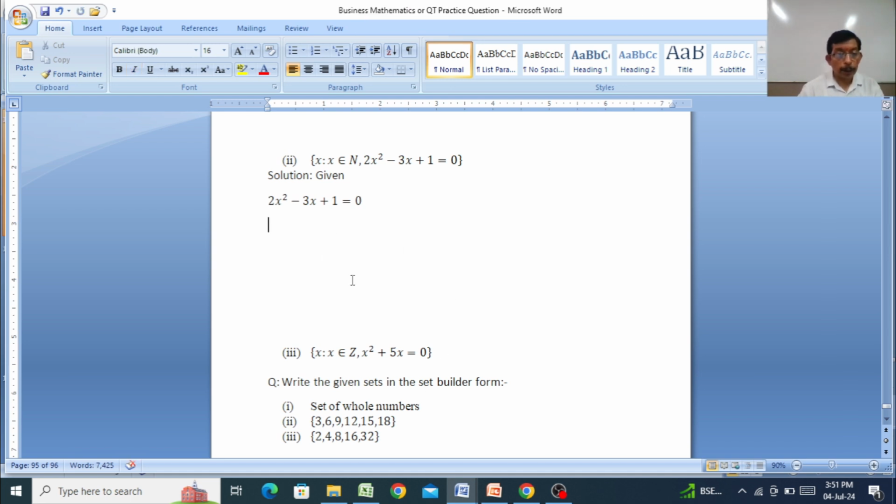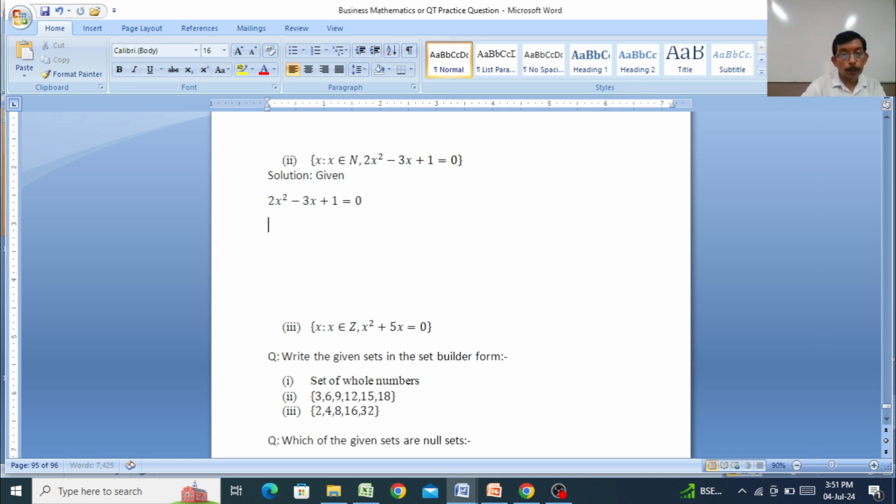First we multiply the first and last terms, 2 times 1 is 2, and the addition should equal the middle part. So 2 plus 1 multiplied is 2 and the sum is 3. Then 3 is broken into 2 plus 1.